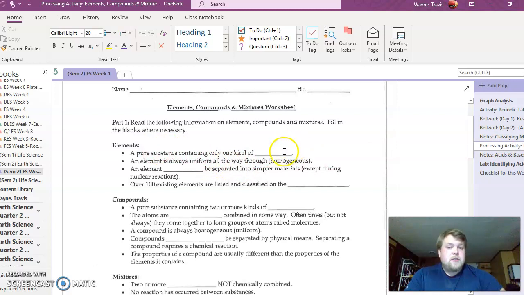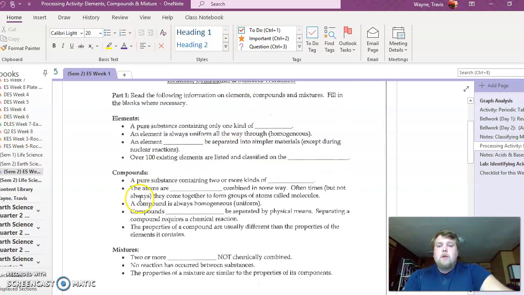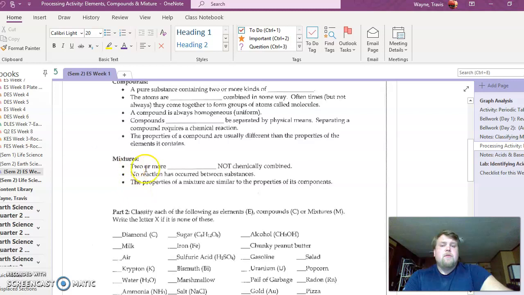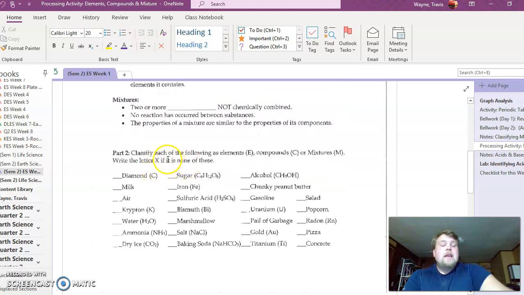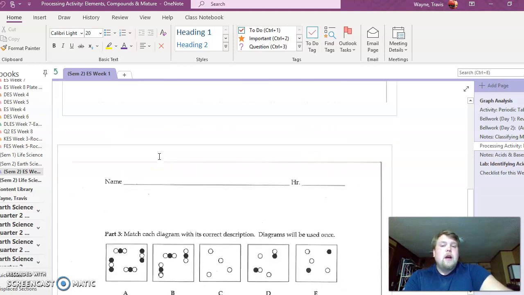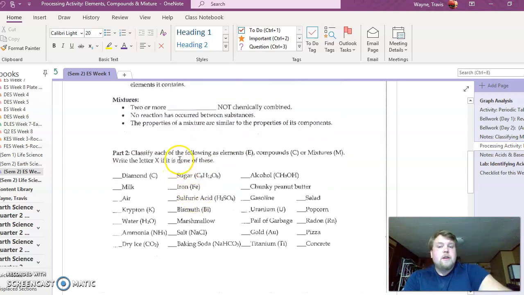This is going to use those same notes to fill in what a pure substance containing only one kind of blank would be. We'll go through some compounds and some things with mixtures, and then the last part of the bottom portion on page 1 is determining whether these examples represent a compound, an element, or a mixture. It's going to be one of those three.